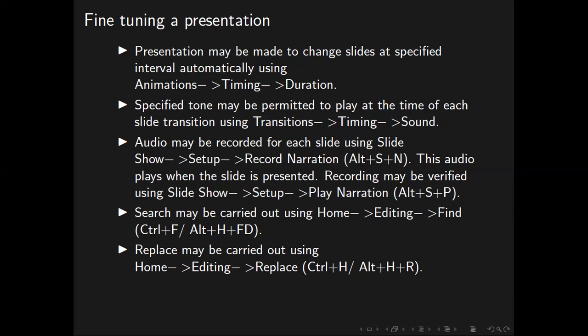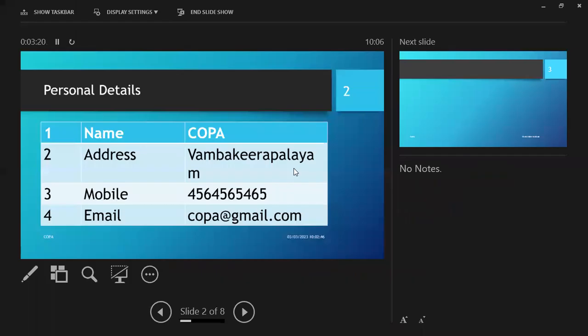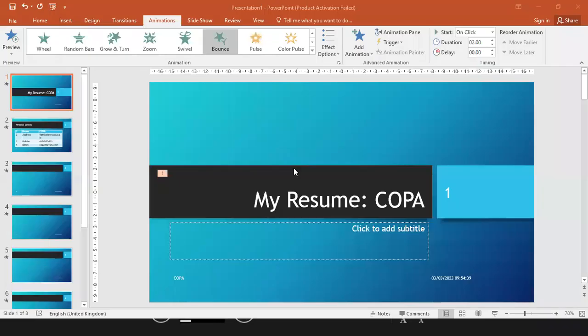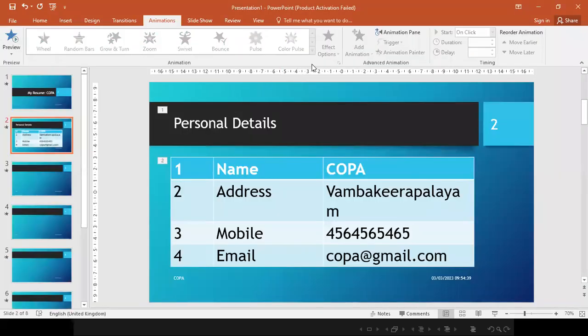Therefore, we have to ensure that the final recipient of the presentation will be happy with the animation or whatever effects we provide. You may change the timings. You may make the animations appear slower or faster.